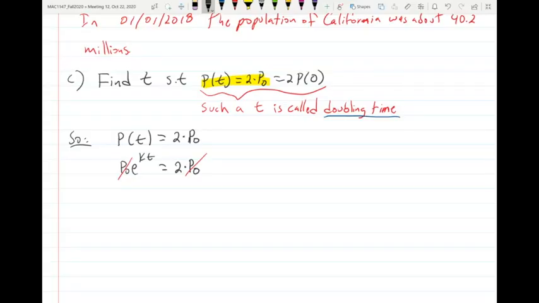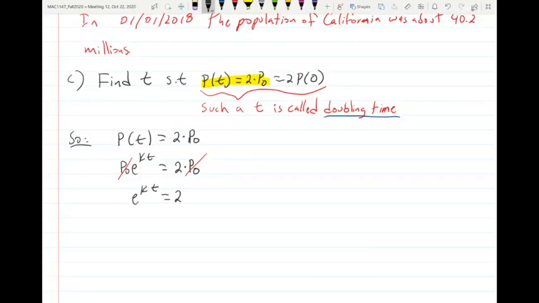It is not related to the initial amount, it's related to the rate at which your quantity is growing. Depending on k, the k is the one that tells you what the doubling time is. The initial amount is irrelevant here. This is a very important observation. I'm doing it like this so we can get a formula.